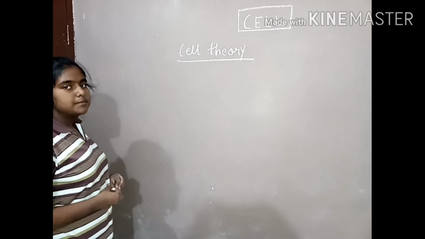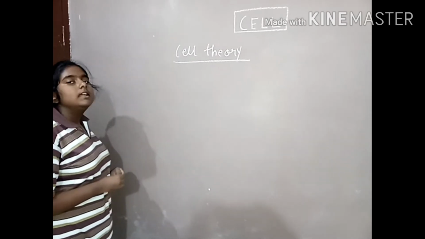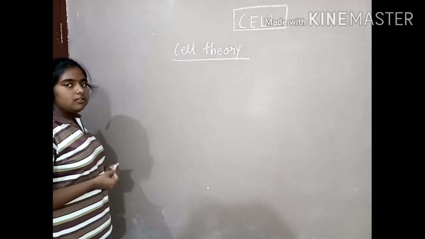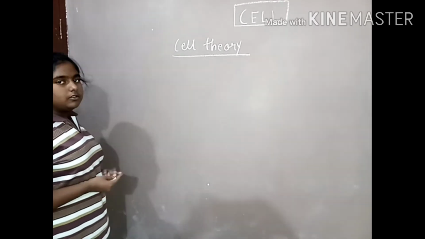Cell theory was proposed by three scientists, M. Schleiden, Rudolf Virchow and Theodor Schwann.